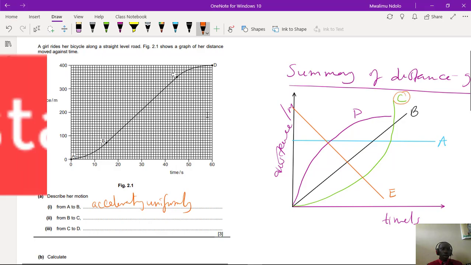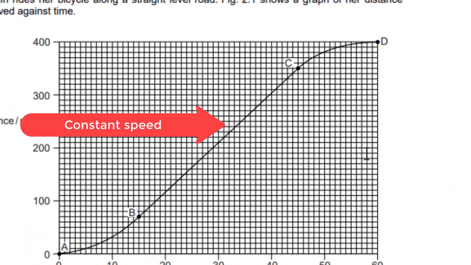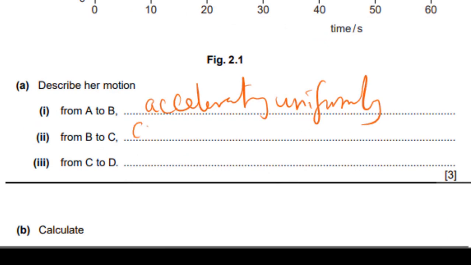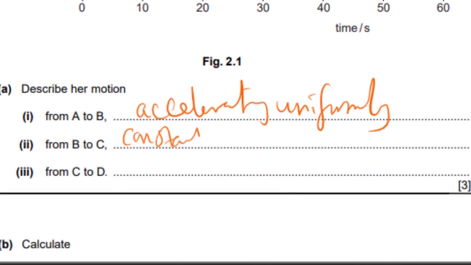BC is a straight line which corresponds to graph B. B means the body is moving at constant, or steady, speed. That is for part BC.